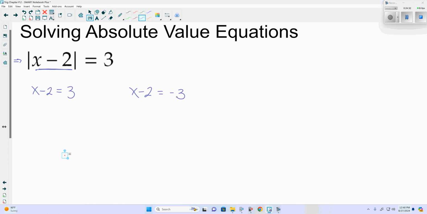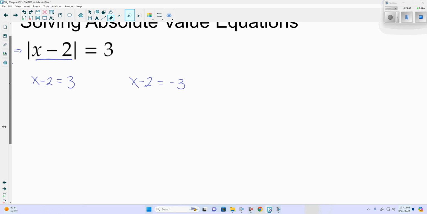Now the absolute value of x minus 2 will not equal positive negative 3, but what's inside the absolute value, that x minus 2, could be positive 3 or negative 3, because the absolute value will keep it positive, or turn it from negative back to being positive. So the x minus 2 inside the absolute value could be positive 3, or it could be negative 3.